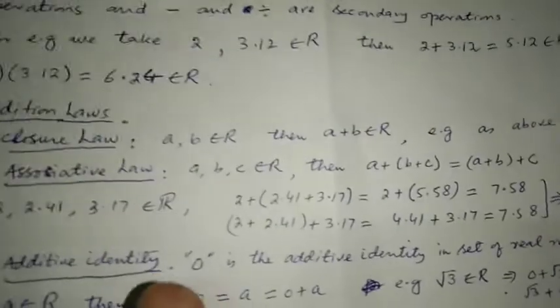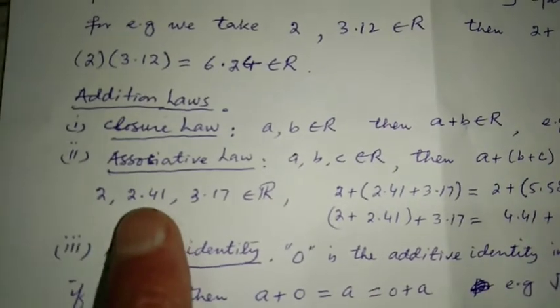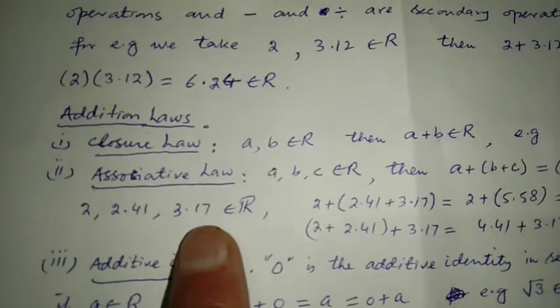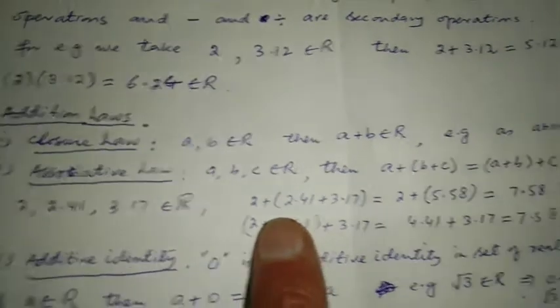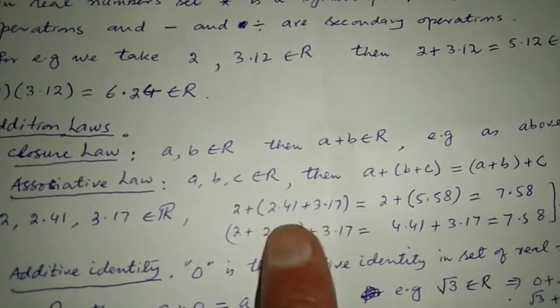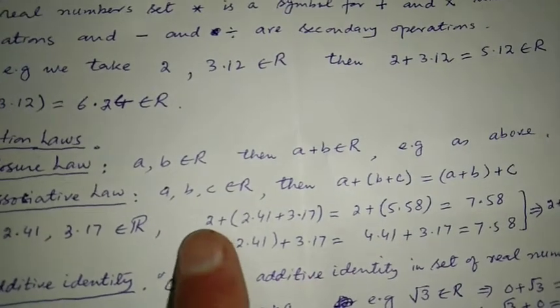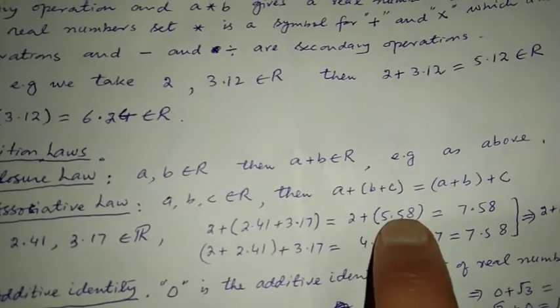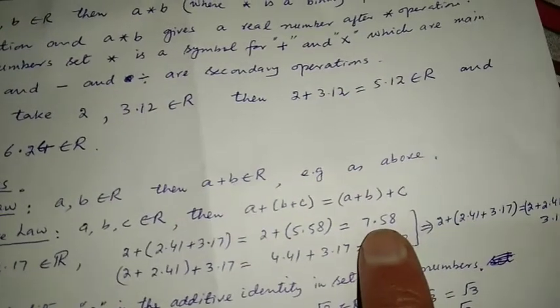For example, we are taking three real numbers 2, 2.41 and 3.17. These are three real numbers. We are adding first 2.41 and 3.17 and the answer is 5.58. Then later on we are adding this answer with 2 and the answer is 7.58.